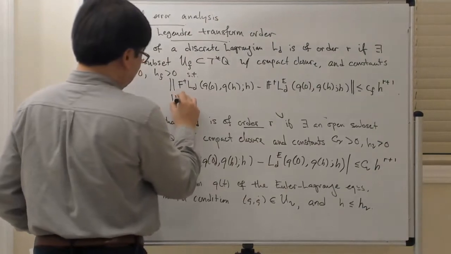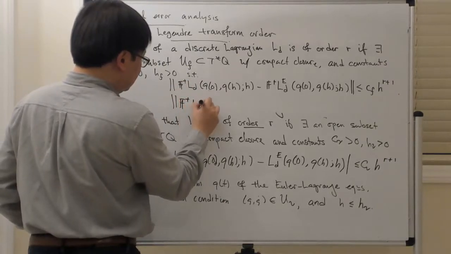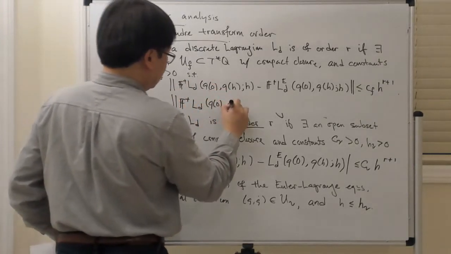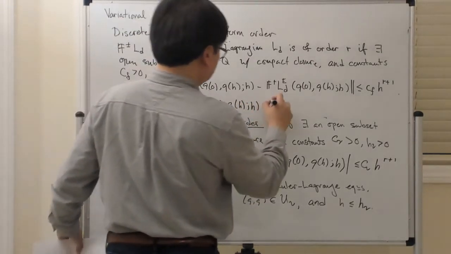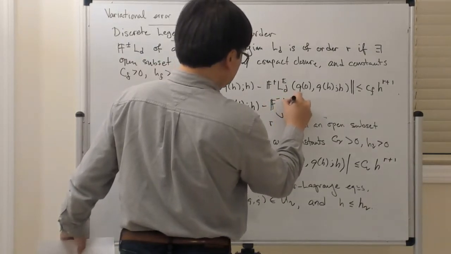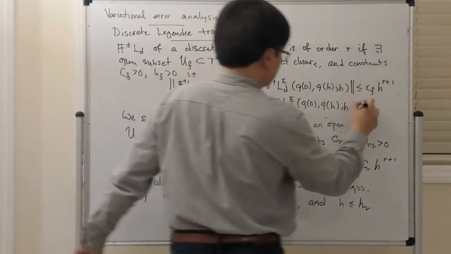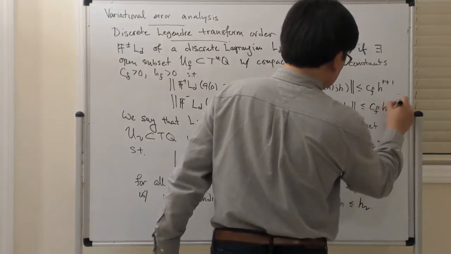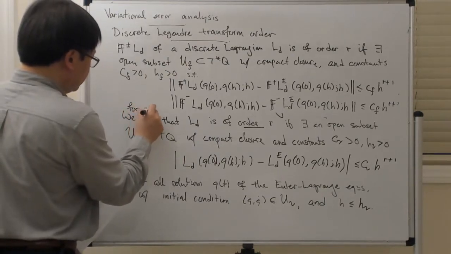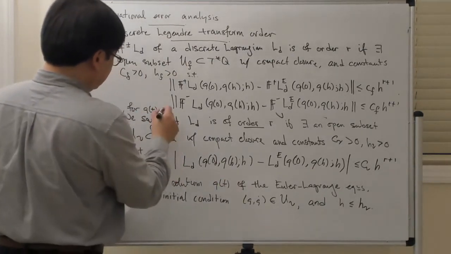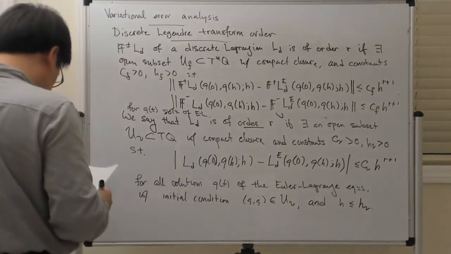And then something similar happens here for the blackboard bold F plus L_D of Q0 and Q_H. And as before, this is for Q(t), which are solutions of the Euler-Lagrange equations, with initial conditions.